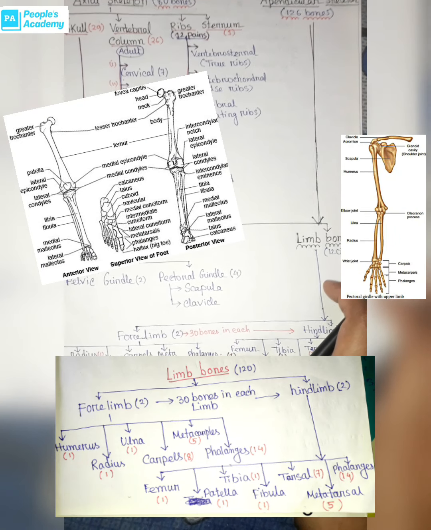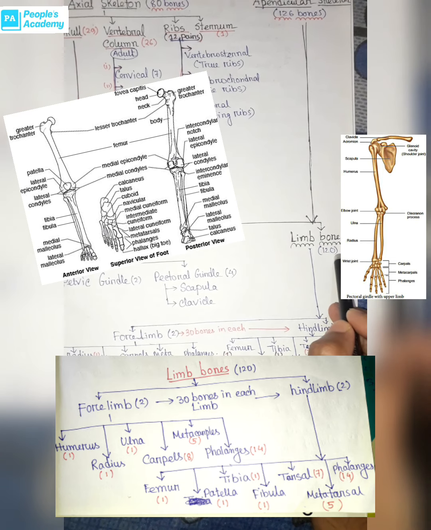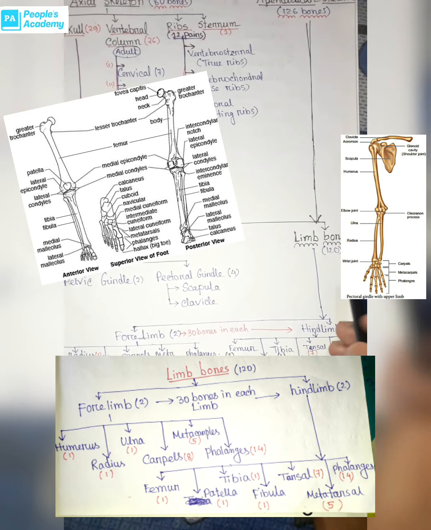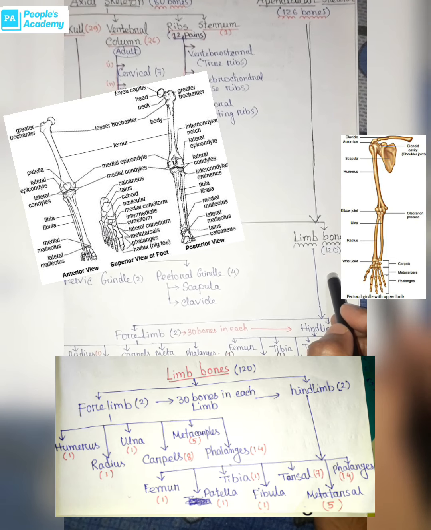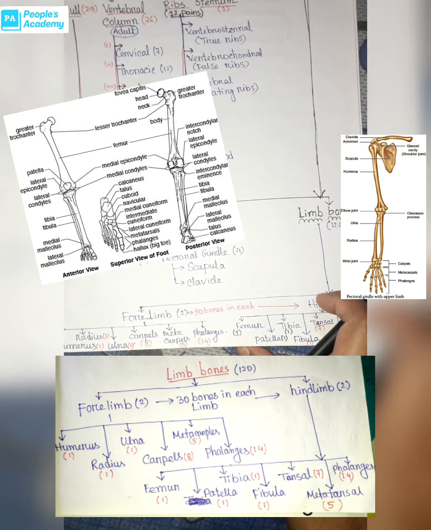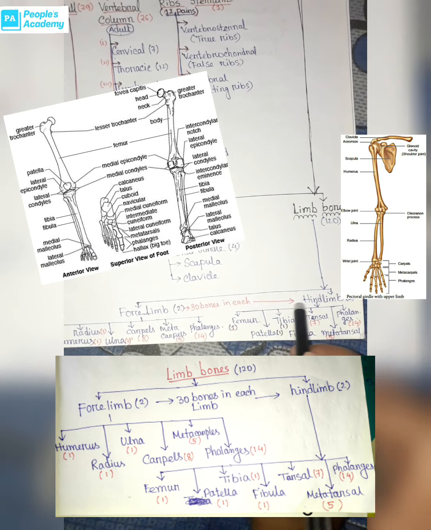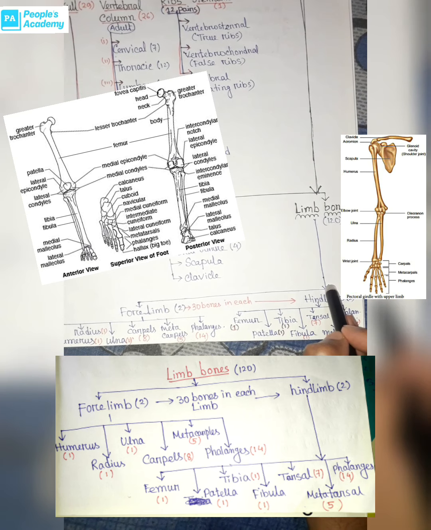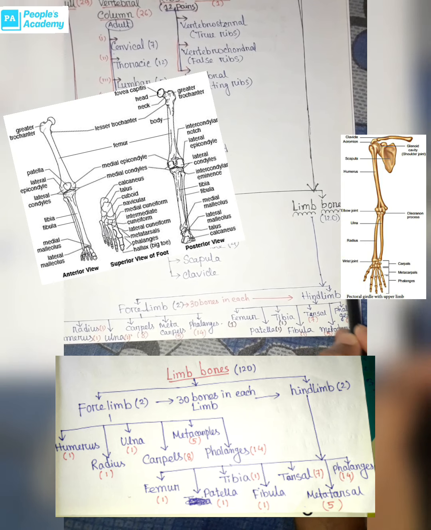Okay, so let's come to the limb bones. There are 120 limb bones present in the human endoskeleton system. Limb bones are divided into two parts: forelimb and hind limb.